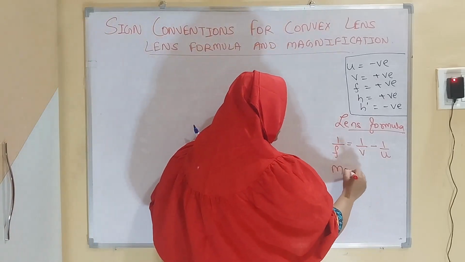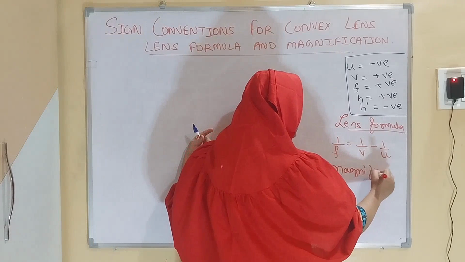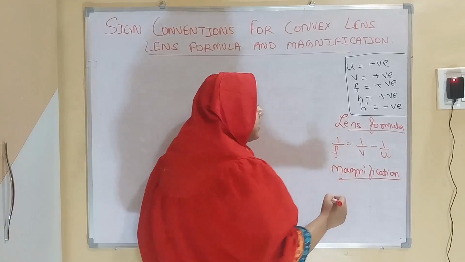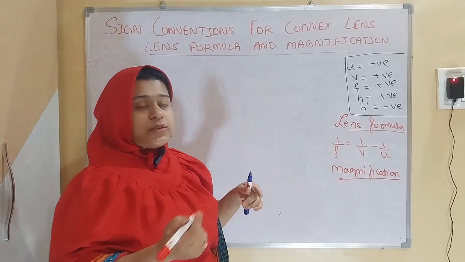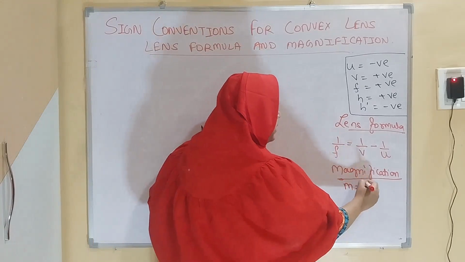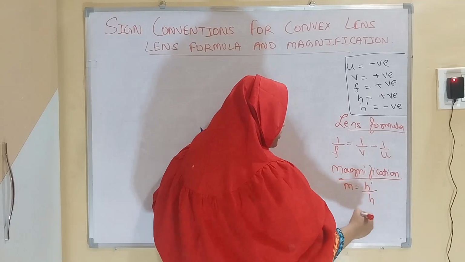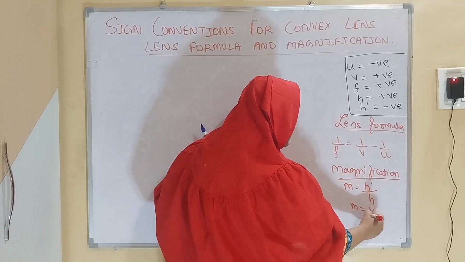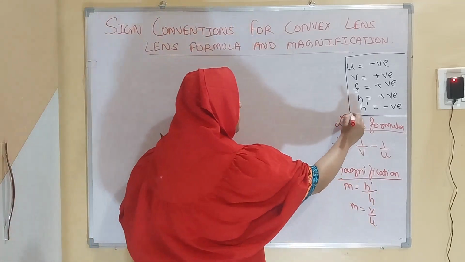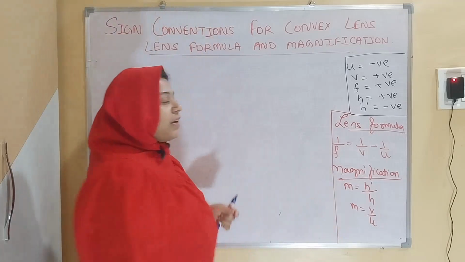And the definitions for magnification we have already studied when we were studying the mirror. So magnification, we denote by m, is h dash upon h, and the second formula for magnification is v upon u. So these are the lens formula and the formula for magnification.